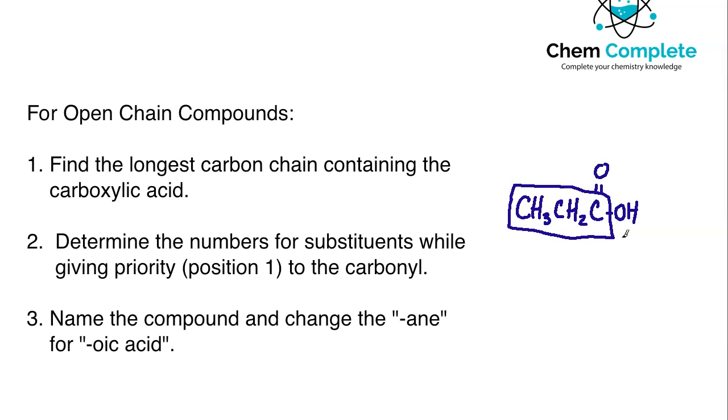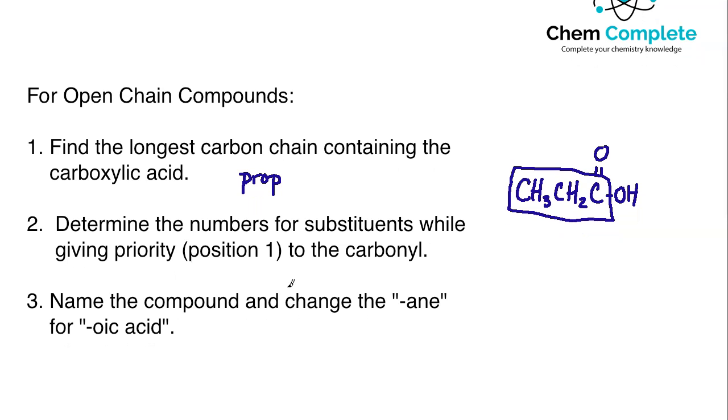When we get ready to name it, we include that carbon from the carbonyl in the total carbon count. So because I have a total of 3 here, I know that the basic chain that I'm going to be working with is going to be prop, right? Because that's the prefix for 3 carbons when we do IUPAC naming.